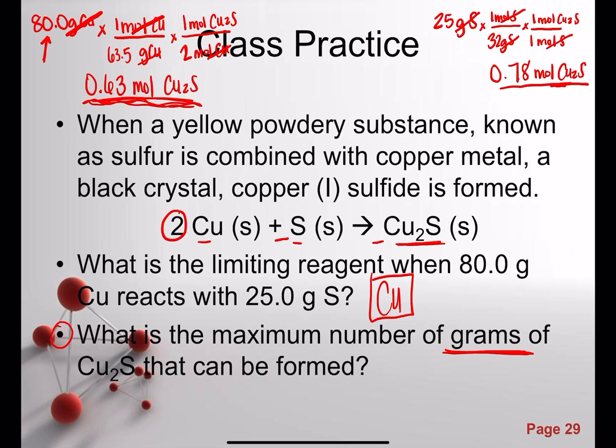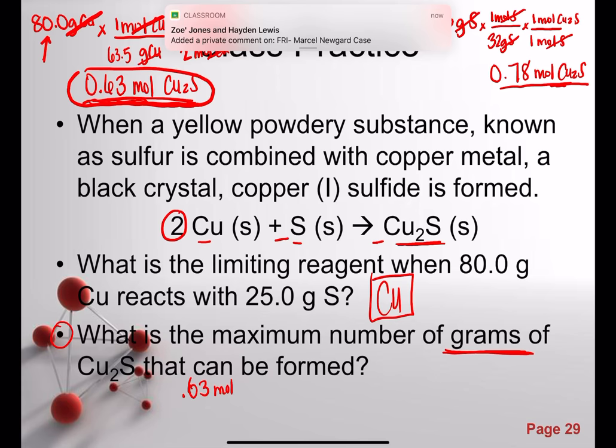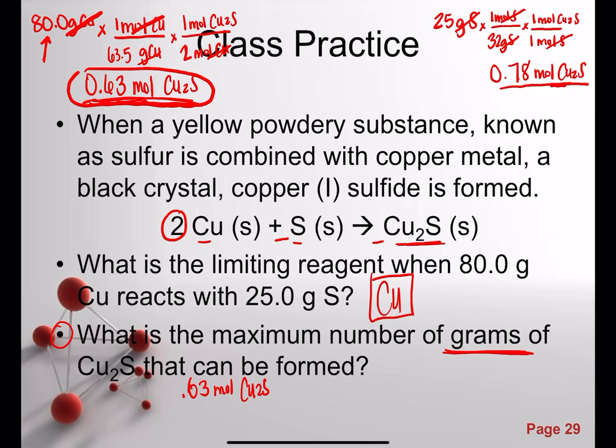So all I can do then is look at my limiting reagent, 0.63 moles of copper 2 sulfide, and in 1 mole of copper 2 sulfide, I'm going to have to add up the grams here: 63.4 times 2 plus 32.